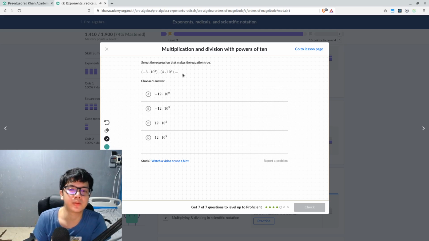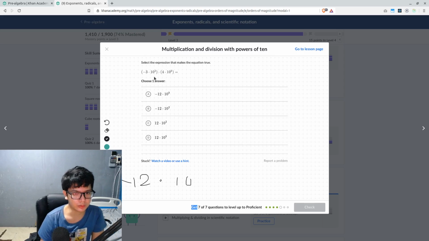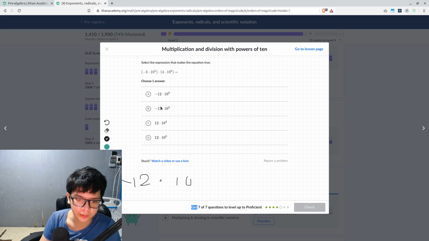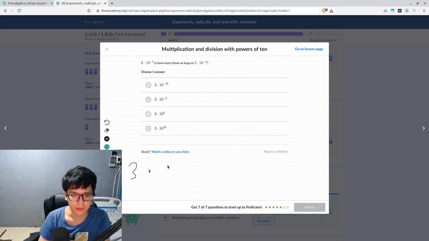Select the expression that makes the equation true. Okay, negative 12 times 10 raised to 9. How many times is large? 3 times 10.